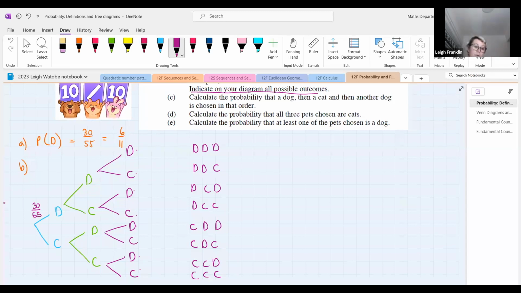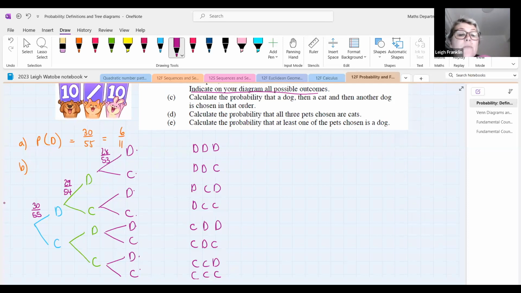The second time we choose a pet, there's 1 less dog and 1 less pet. So there's a 29 in 54 chance now of choosing a dog the second time. And the third time that the dog is chosen, there's 1 less dog and 1 less pet. So there would be a 28 in 53 chance of choosing a dog.